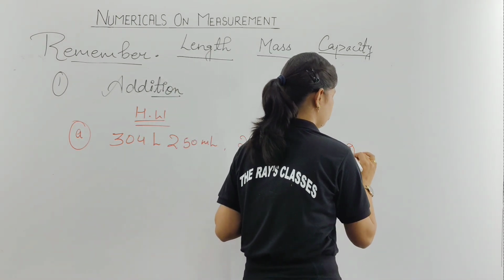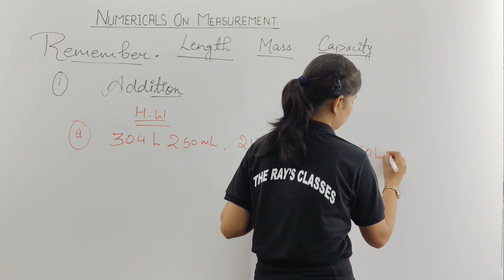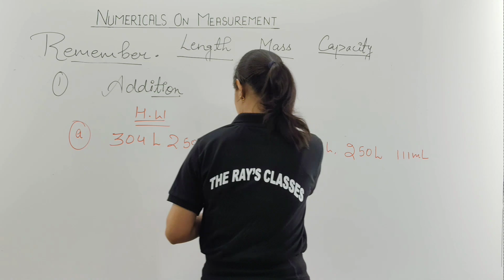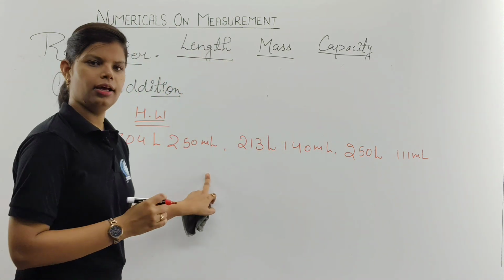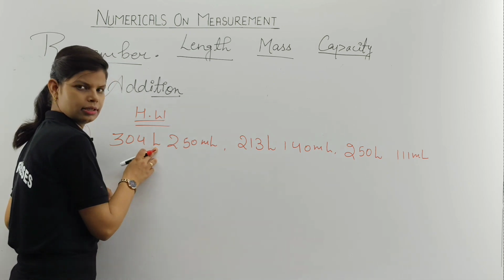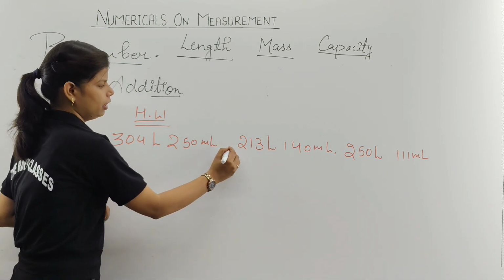Again last will be your 250 liter, 111 milliliter. Clear? This is straight written. Again you have to write liter and milliliter because we are having only 2 units.